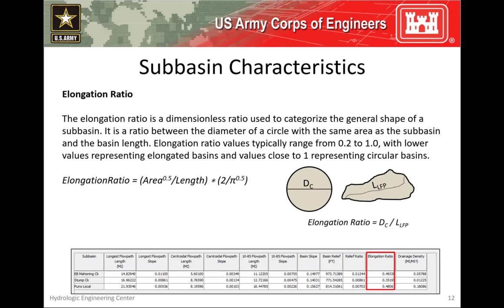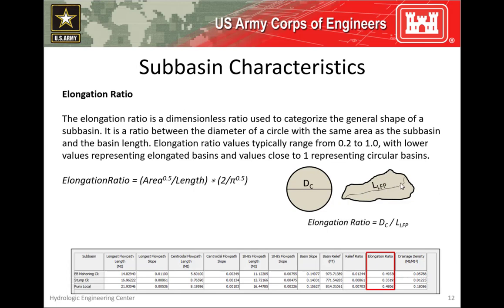The elongation ratio of a subbasin is just a way to describe a subbasin's general shape. So if you were to imagine a circle that has the same area as your subbasin of interest, the elongation ratio would simply be the diameter of the circle divided by the length of your subbasin.